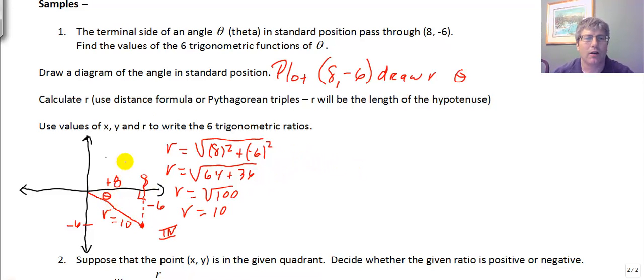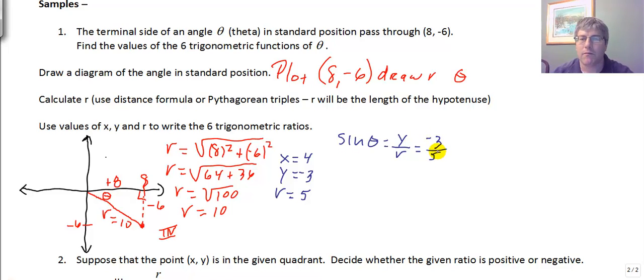So we're going to do our trig ratios. Well, we're going to go ahead and reduce what we have. So let's take a look. So x, really, we can use 4. Y, we can use -3. And r, we can use 5, because this is a 3, 4, 5. So then the sine of theta, which is y over r, becomes -3 over 5.